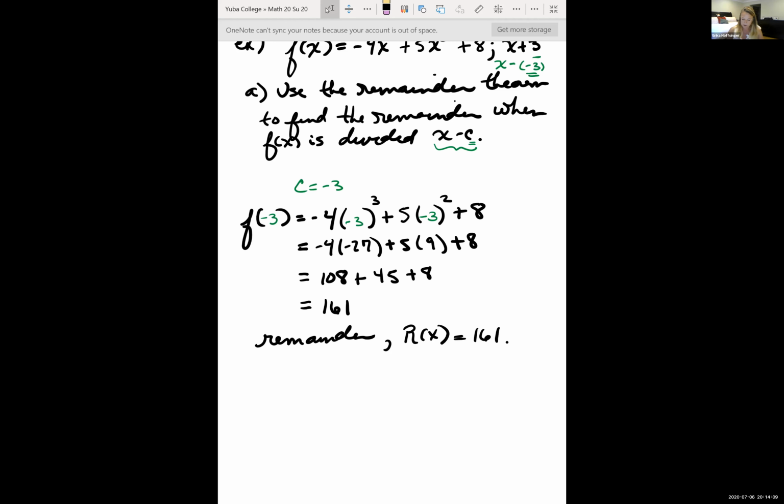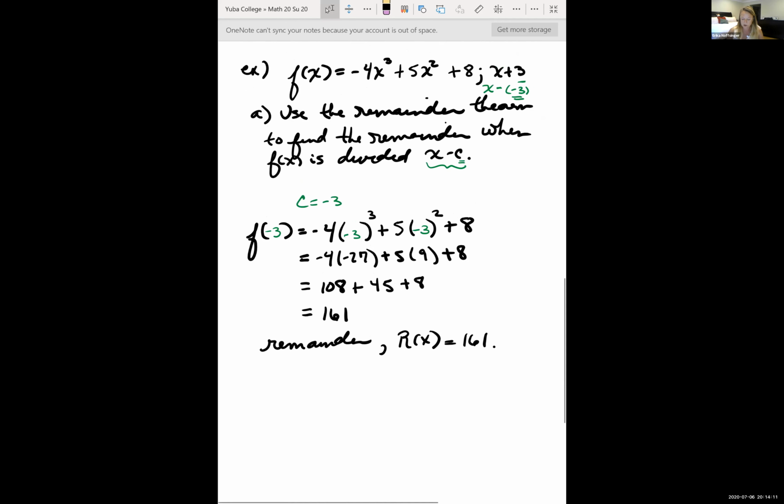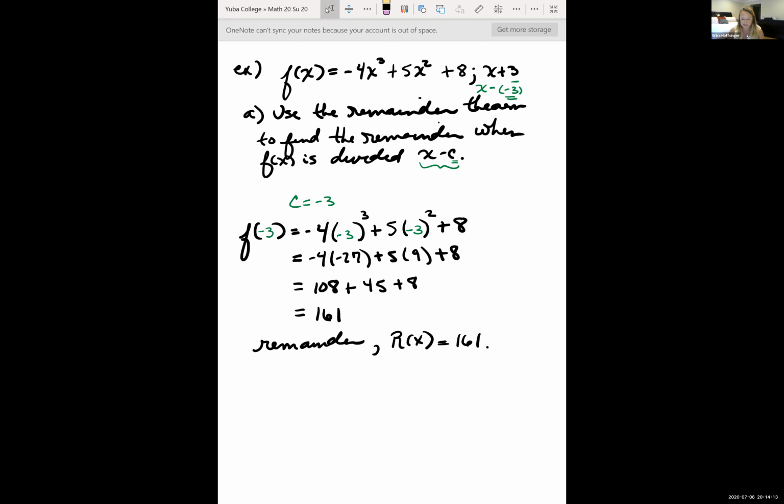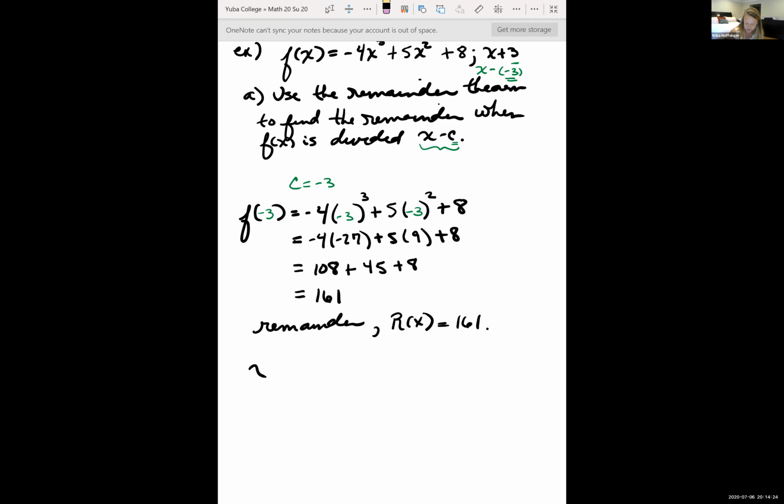So I want to go through and do long division, and then I want to show you synthetic division. This section assumes that you know synthetic division, so I just want to go through it really quick. But x plus 3, if we've done long division, because this is basically dividing this into f of x, and then we are going to do it with synthetic.